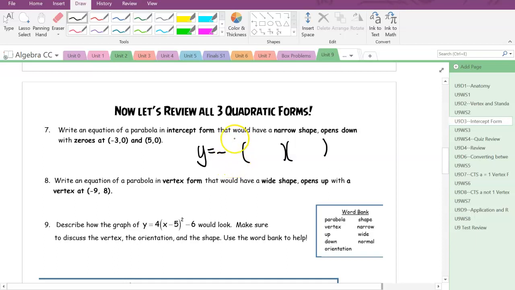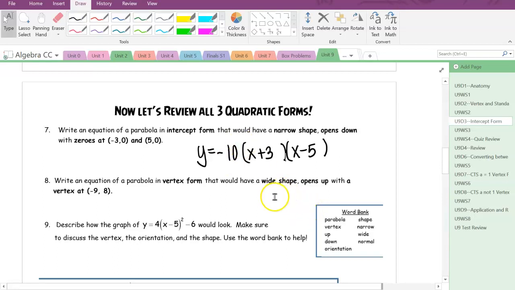We need some number bigger than 1, which is going to make this narrow. I'm going to go with a 5. If you have a zero at negative 3, you need an x plus 3, and if you need a zero at (5, 0), we need an x minus 5. This number can change to many different things as long as it is more than 1. Any of those answers would be great.